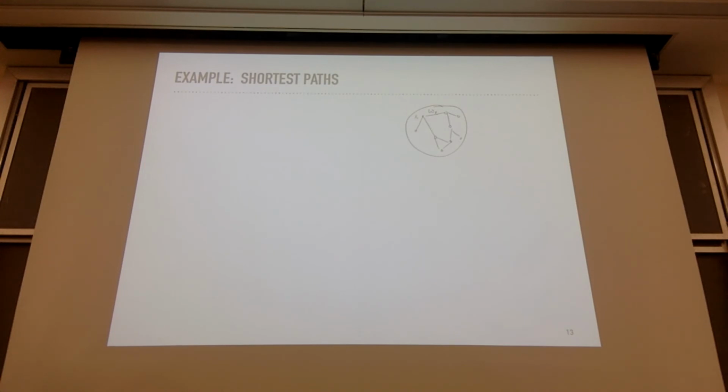You're given a source S and a target T. How would you phrase this as an optimization problem?